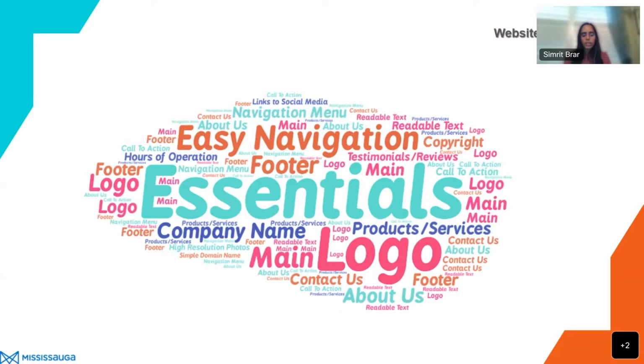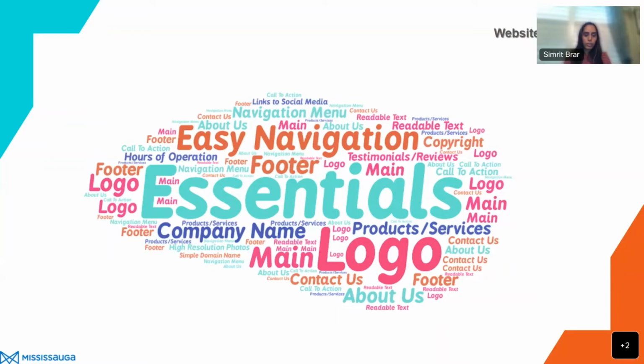So think about what it is that you would want your website viewers and visitors to do once they're on your web pages. Some examples of call to actions or CTAs include subscribe buttons. So if you want them to subscribe to marketing emails or newsletters, you can include subscribe buttons and forms.